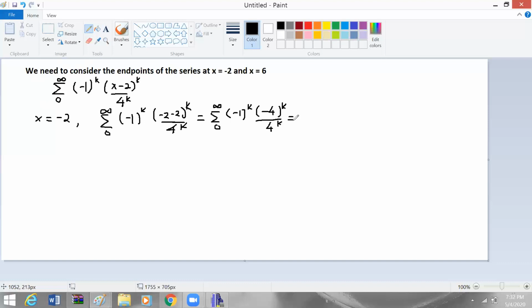So the entire term that we have, we know the fact that negative 1 to the k times negative 4 to the k, the whole series is going to diverge, right? Because I can combine the terms, so that'll be the sum from 0 to infinity of negative 1 to the k times negative 4 to the k.